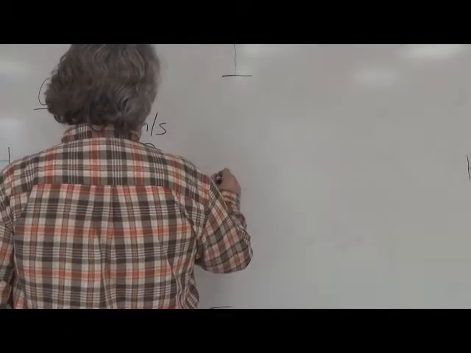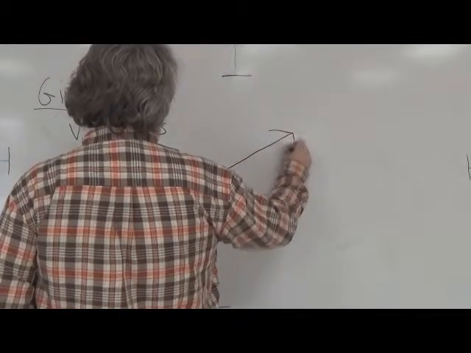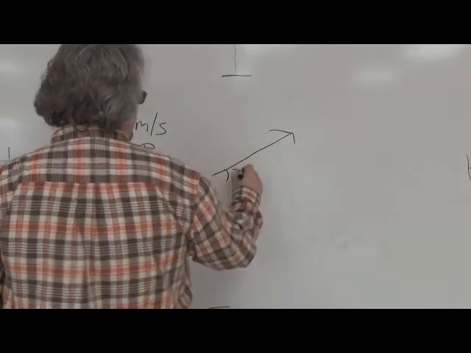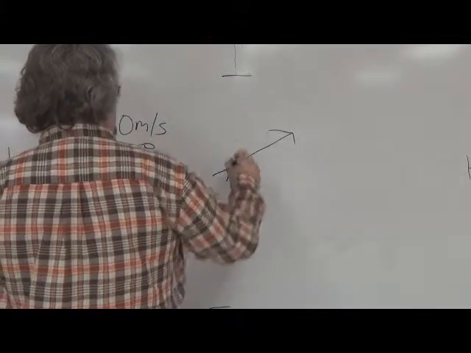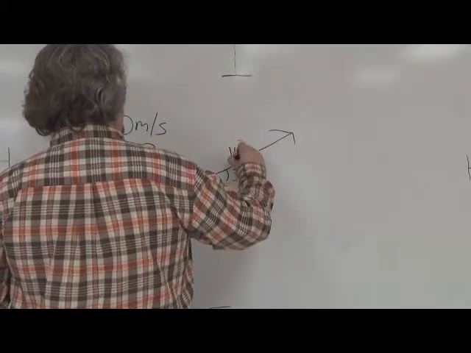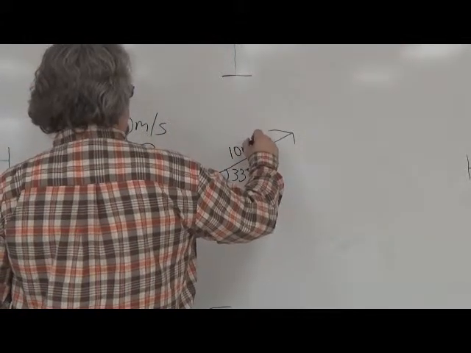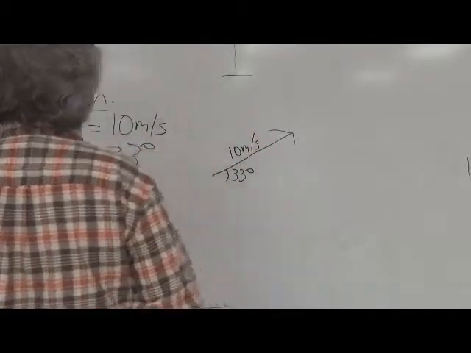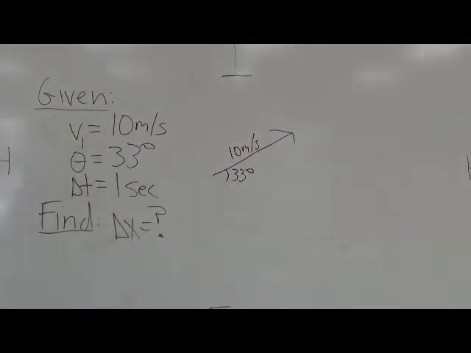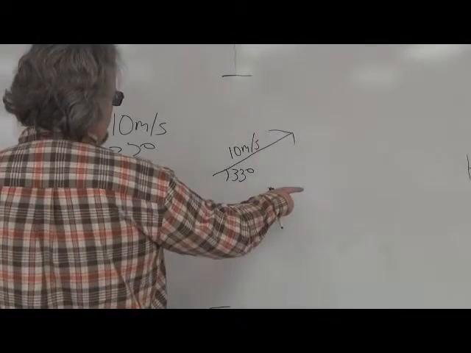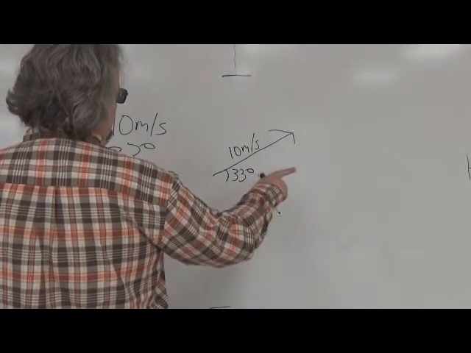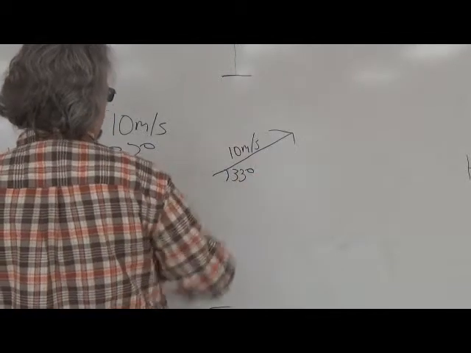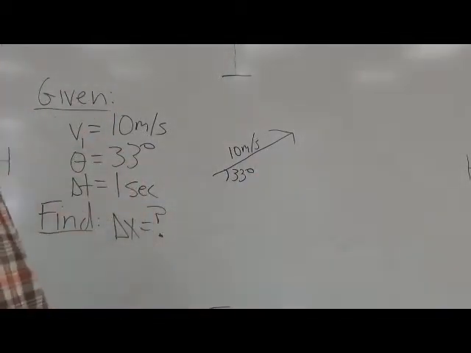Alright, so about 33 degrees is right there. So 33 degrees, and the magnitude is going to be 10 meters per second. And we look at that, and that is not only going to the right along the x-axis, it's also going up along the y-axis.